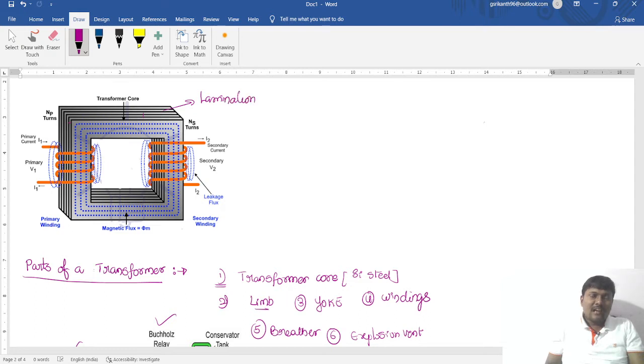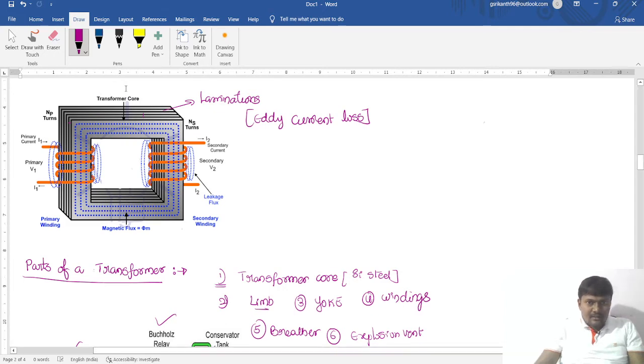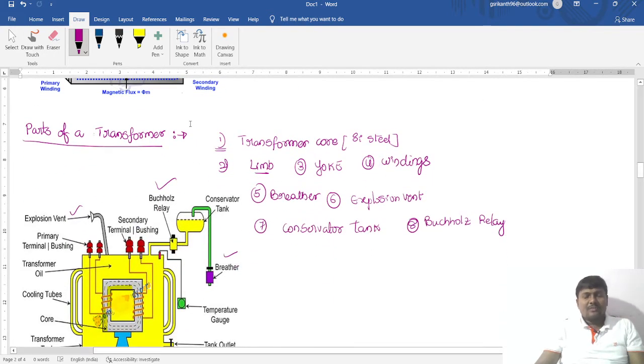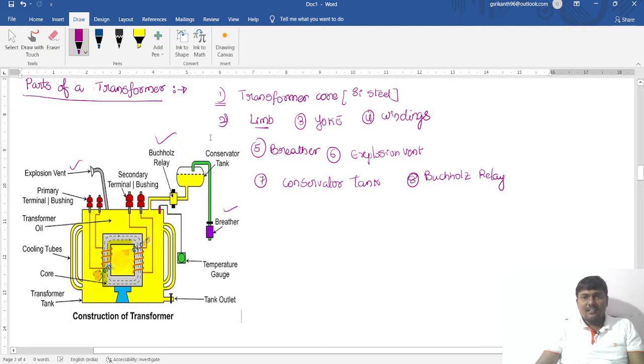The core is laminated in order to reduce eddy current losses. We will discuss what hysteresis loss and eddy current losses are in the coming lectures. So the core is made up of high grade silicon steel to reduce the hysteresis loss, and laminations are provided to reduce eddy current losses.